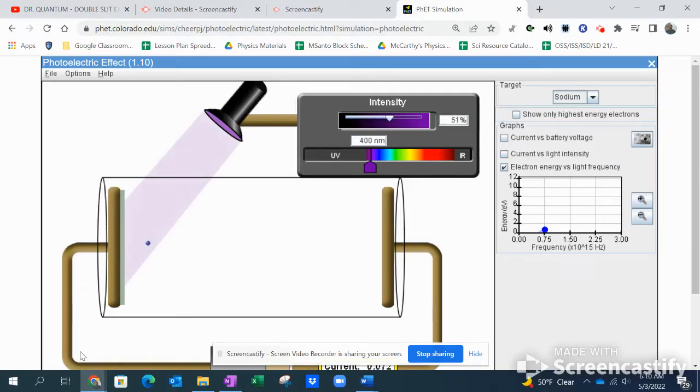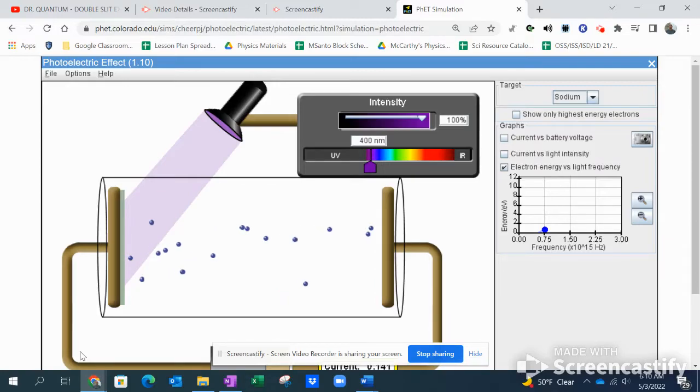So as you increase the intensity here, we see more and more electrons getting excited, all moving at various rates. My computer's super slow, so they're crawling across the screen to the other side.